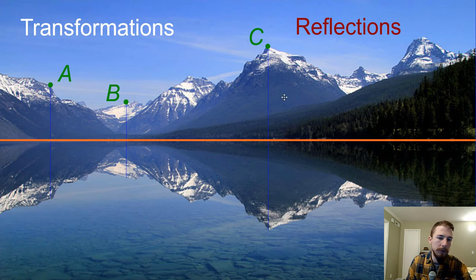So notice with this beautiful image we have here, everything that's on the top of this line is being reflected in the water below the line. All these points here, A, B, and C, their reflections are found on the other side of the line.